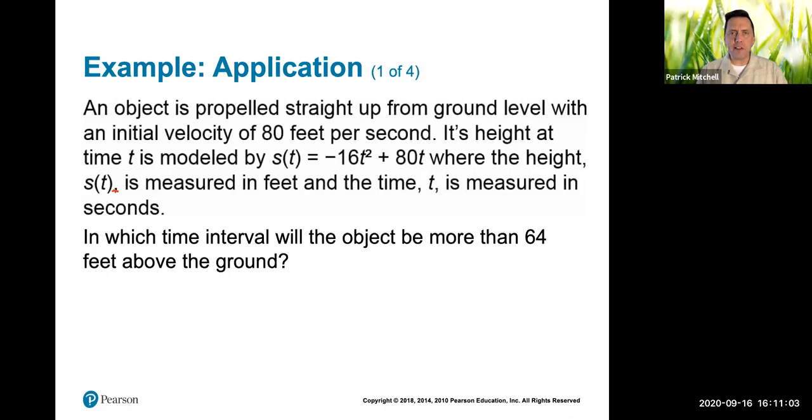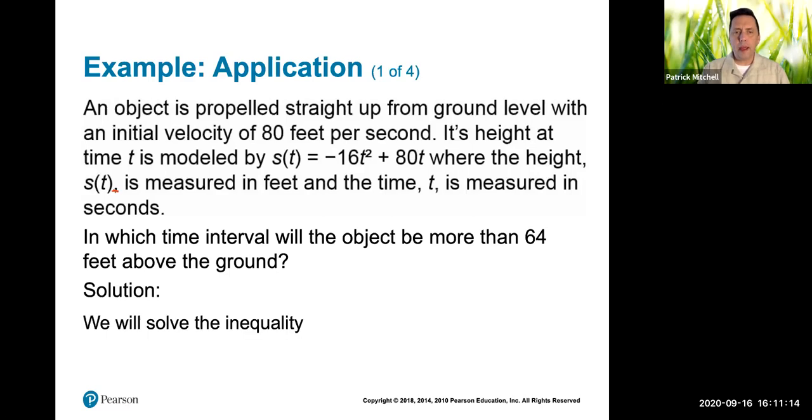So once we set up this inequality, I'm going to ask you to pause the video and try to solve that polynomial inequality. This thing really has a lot of typos. I am so sorry. I don't know where they got 18.